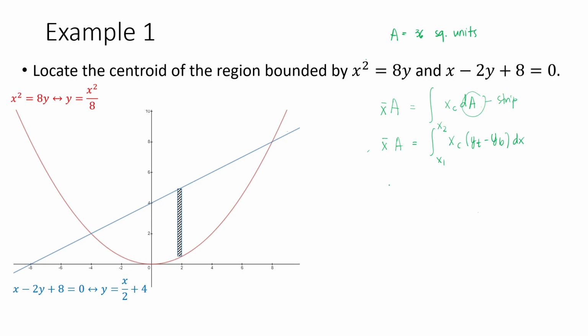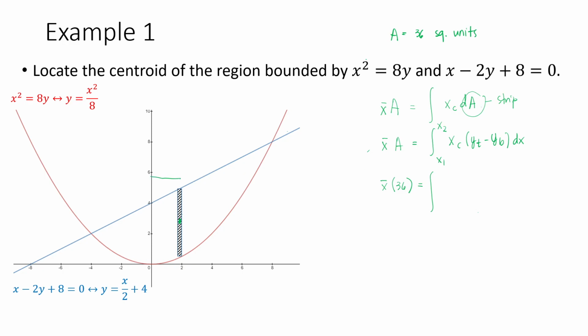So next is bar x multiplied by the area, which is 36 square units, is equal to the integral of x sub c. So x sub c is the location of the centroid of the strip that you are looking for. Since it's a representative of an individual component, let's say this one is your vertical strip and this one is the centroid. What is the location of its centroid?